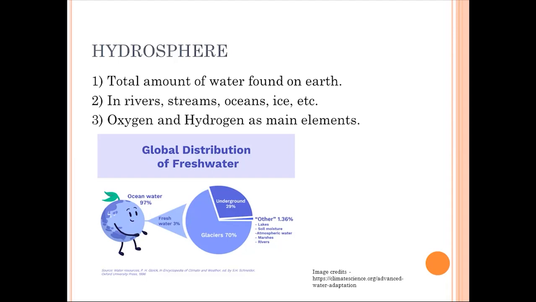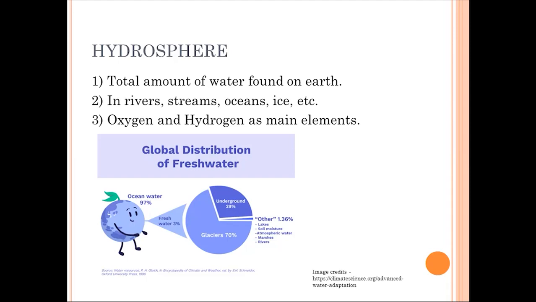Unfortunately, of the water that exists on the earth, 97% is ocean water or salt water. So it is inaccessible, and only 3% is fresh water.